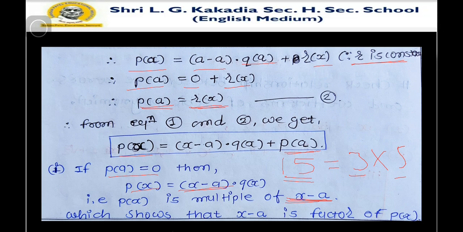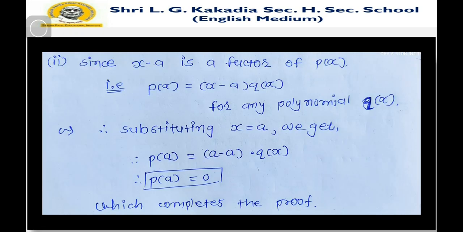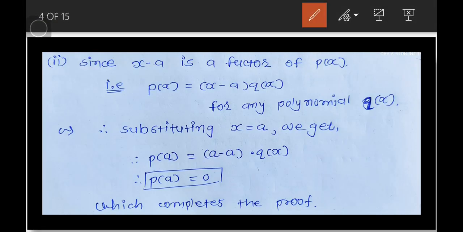Now the second part of the factor theorem. Now we have to prove that if x minus a is a factor of p of x, then p of a is equal to 0.